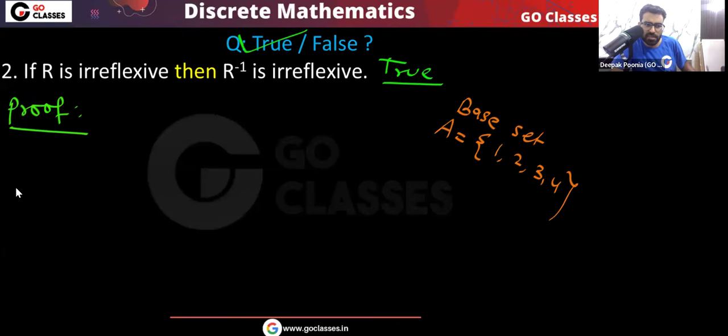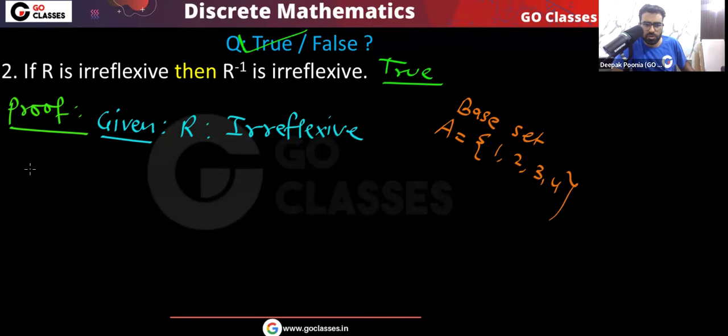In the proof, I can say that the given information is that the relation R is irreflexive. What it means is that if relation R is irreflexive, there is no reflexive pair in R. Yes or no? In the relation R, there is no reflexive pair.